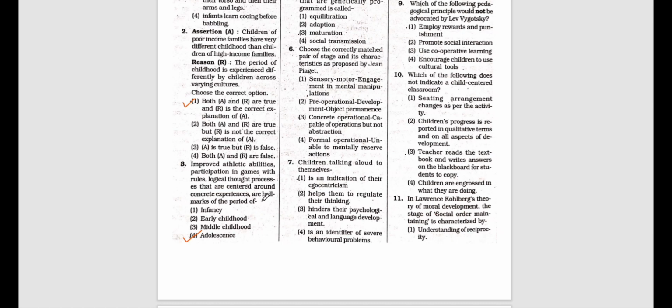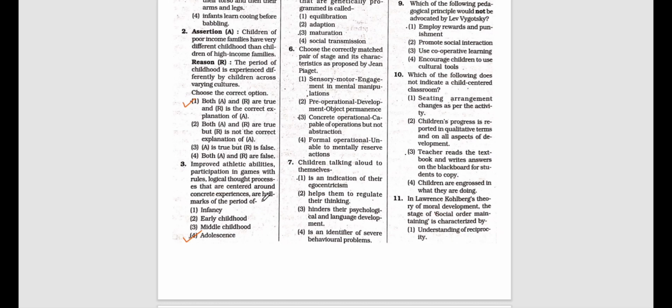The child can analyze their environment in this phase and make deductions. They can create theories about what is possible and what might happen in the future based on their existing knowledge. So these things happen during the period of adolescence.